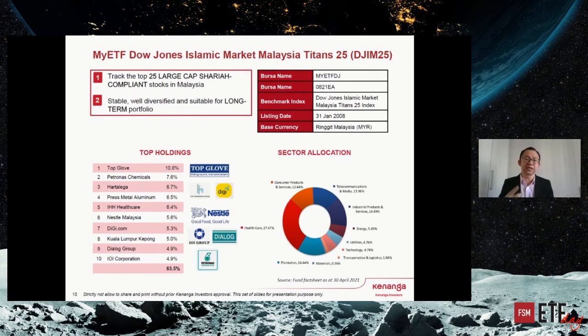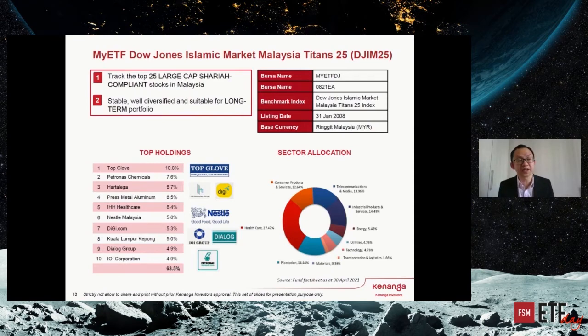So the index itself will do rebalancing to help you put in whatever is performing well. So if you are a long-term investor who doesn't want to put in a lot of effort jumping stock by stock, you can just buy into this ETF and have the exposure, the gain in the long run for the equity market.